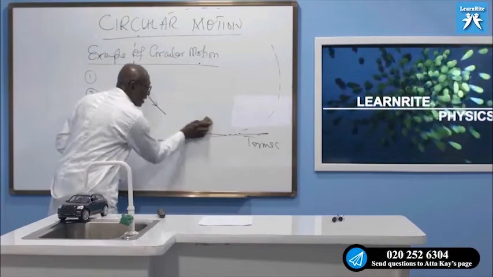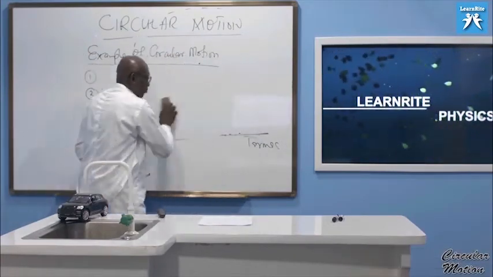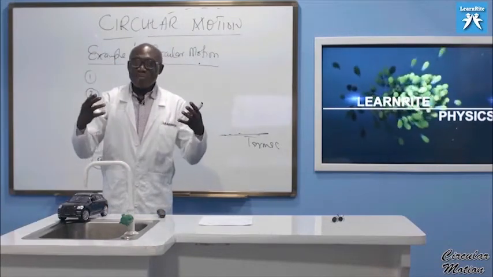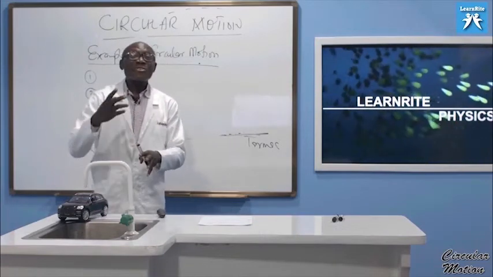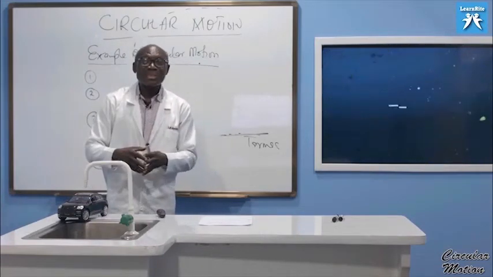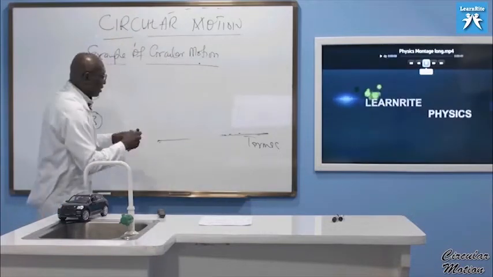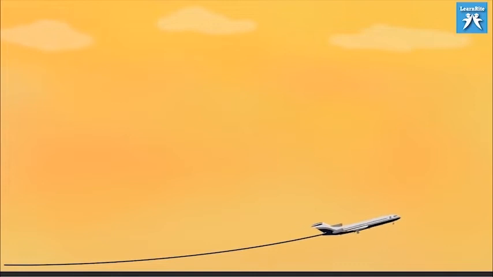And incidentally, student, we have treated this also as a projectile motion. So you see, we are putting things together. The plane performs projectile motion as well as circular motion. Even when the plane is about to take off, this is what happens. This is the tarmac. It goes straight into the air and takes this path into the air.